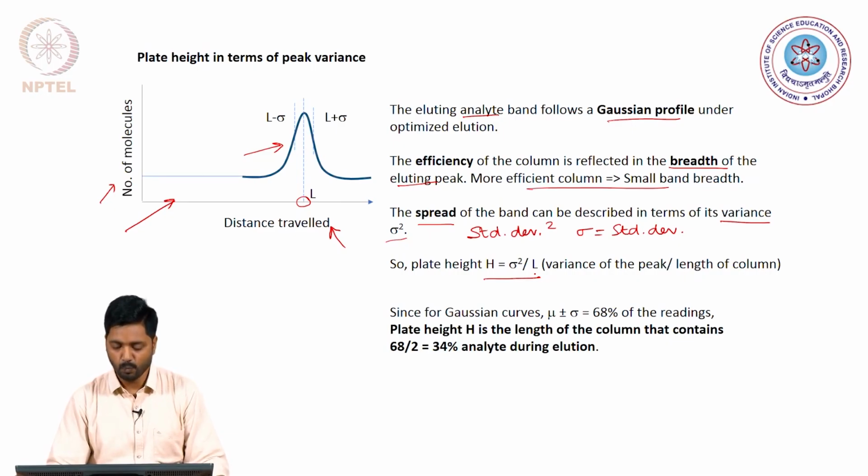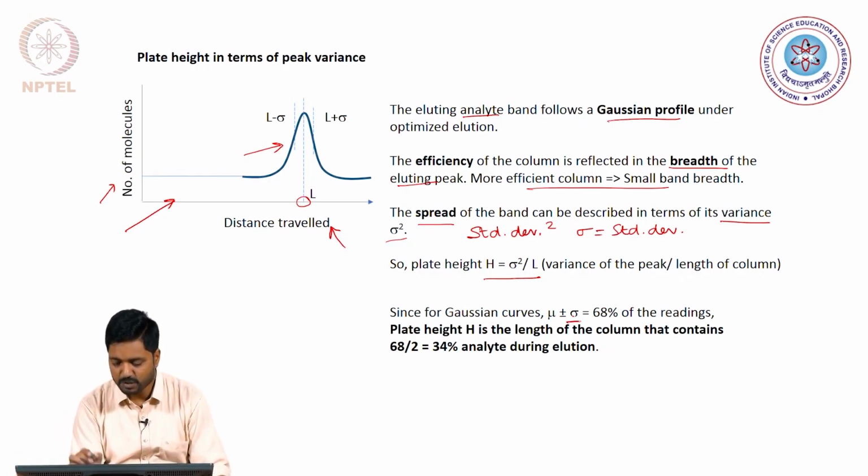So, what we observe here is that the plate height can be reduced by either reducing sigma squared, the variance of the peak, or the more trivial protocol would be to increase the length of the column.